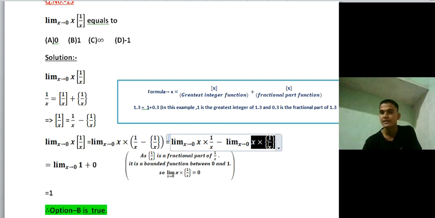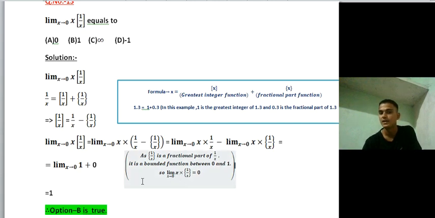So we will find out the limit of x into the fractional part of 1 by x, as the fractional part of 1 by x is a bounded function. It lies between 0 and 1.